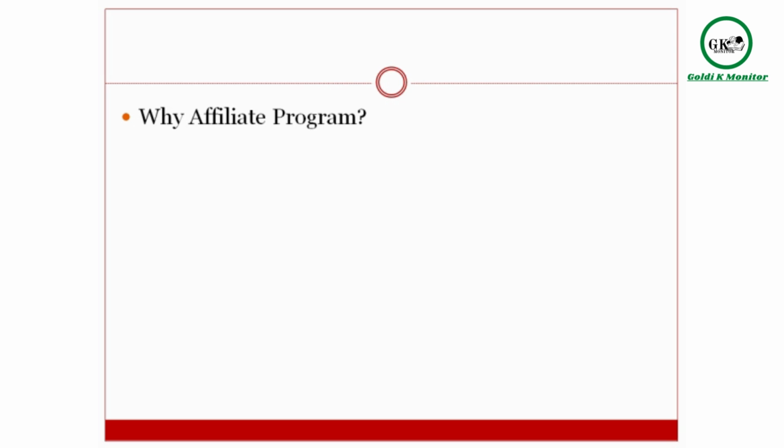Obviously, by now, you should understand why you need an affiliate program. But some of you might be thinking, why should I give away 50% or even 75% commissions to somebody else? The bottom line is simple: if you give away a certain percentage of commissions when affiliates promote your product, it's not taking a lot of your time.